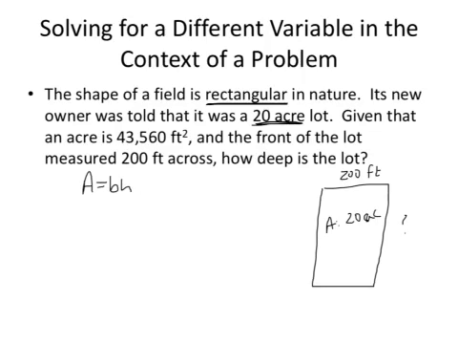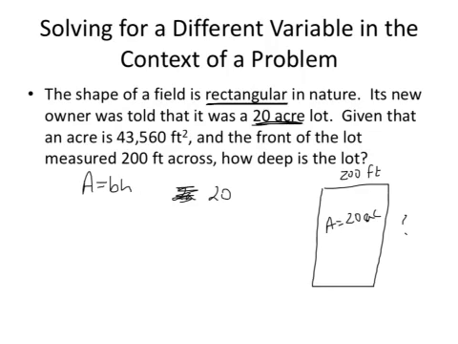So I need to know that height or base. But first we need to do a little bit of calculations here. So we need to convert acres into feet squared. So 20 acres, 20, not 2. Okay, so we'll just scratch that out instead.